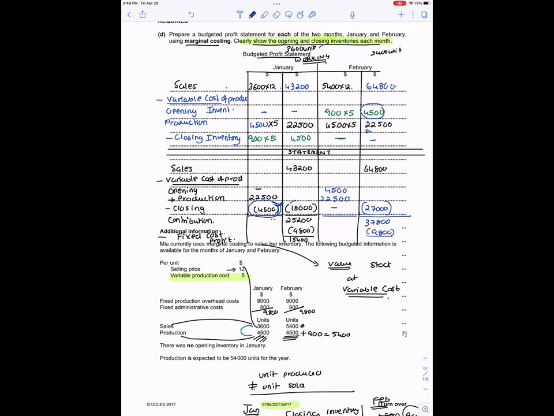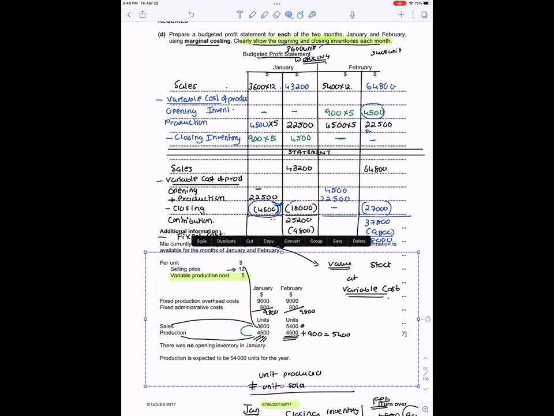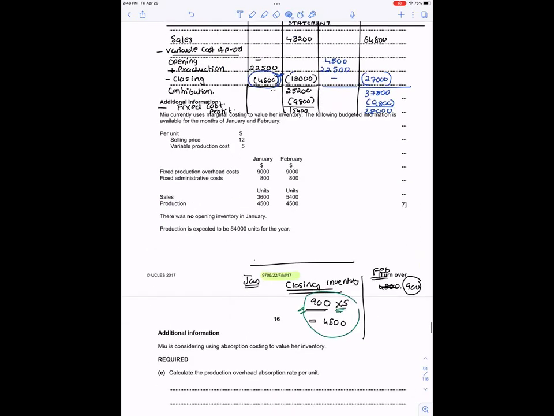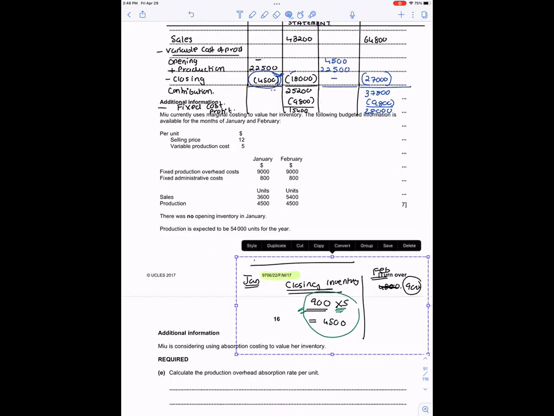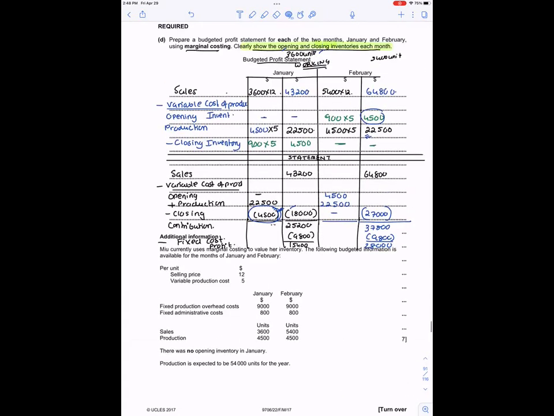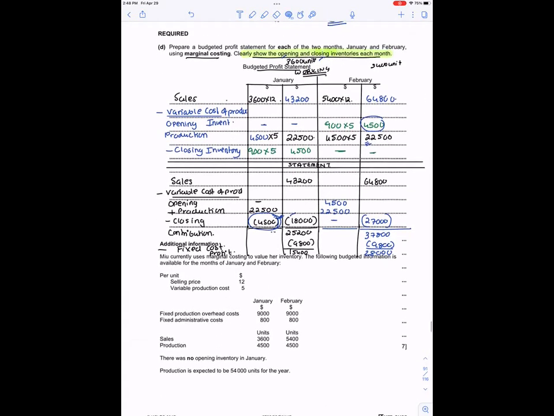I get profit. 28,000. So what is the total profit for the 2 months?